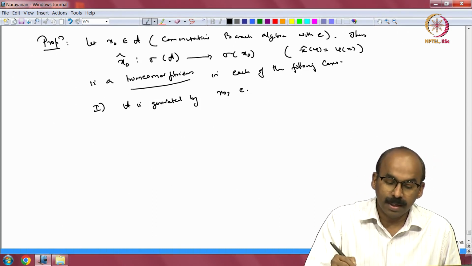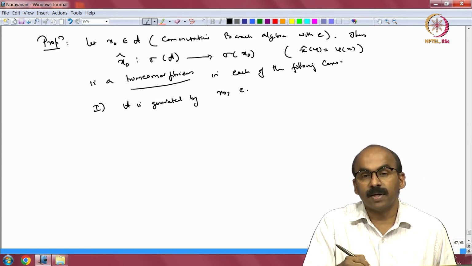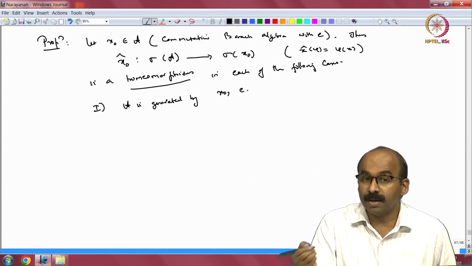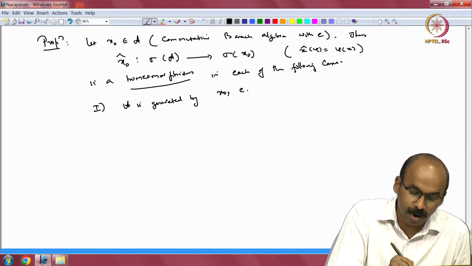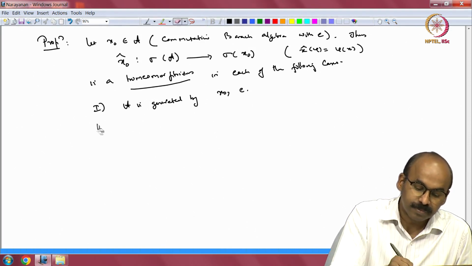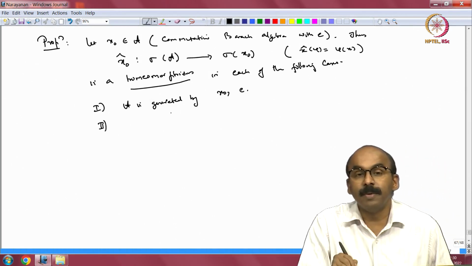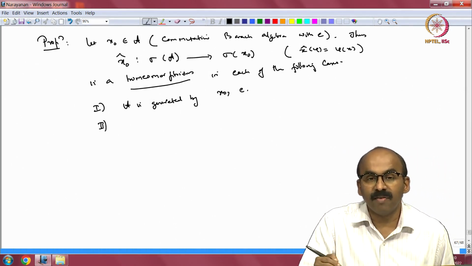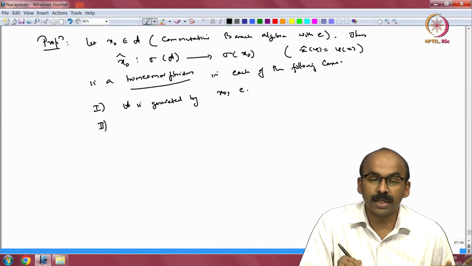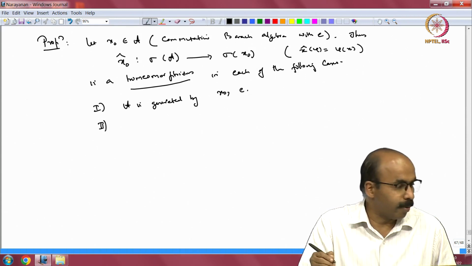The reason is that the multiplicative linear functionals will be completely identified by their action on x naught, because x naught generates everything. All the statements are of similar nature in the sense that you have a generating set, and the generating set depends only on x naught, then you have this homeomorphism.